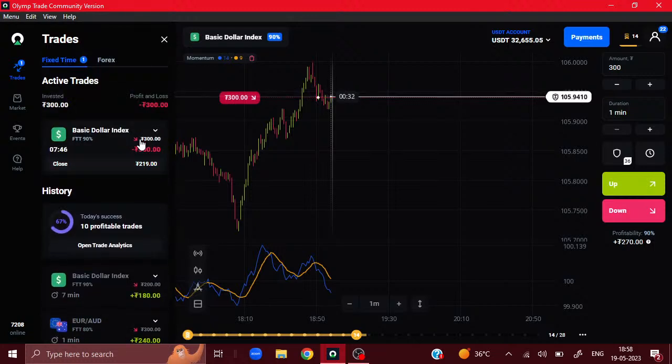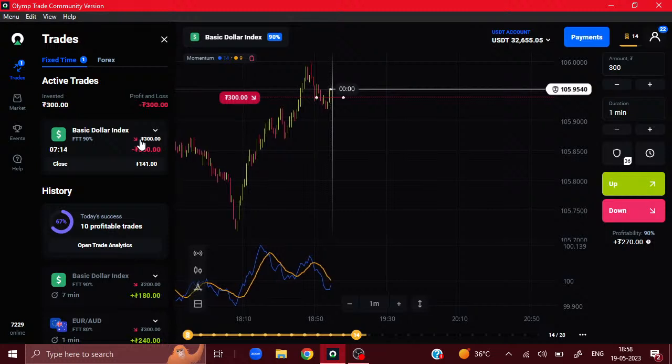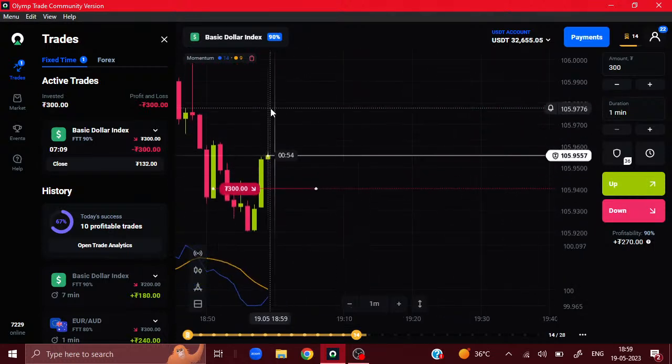Still 8 minutes are left. I think that basic dollar index trade is going against us, but still there is time left.